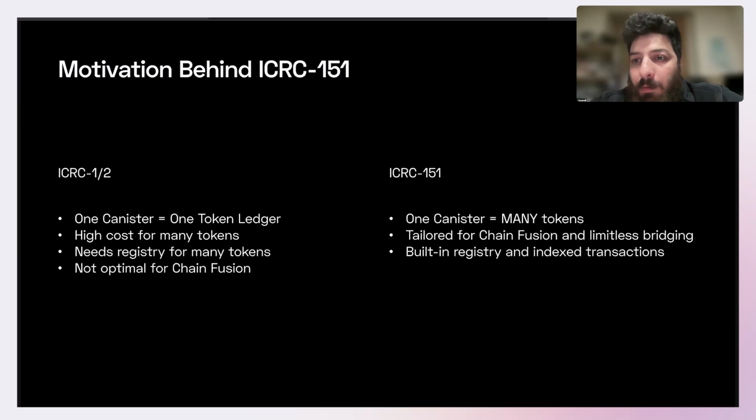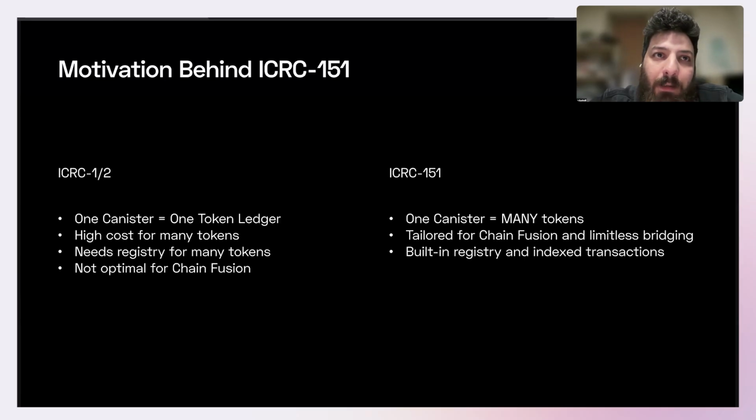And then there was a second problem. We wanted to allow a huge variety of assets coming from different chains, and it was practically a maintenance hell because we couldn't deploy, let's say, hundreds of ledgers and maintain them in a proper way.